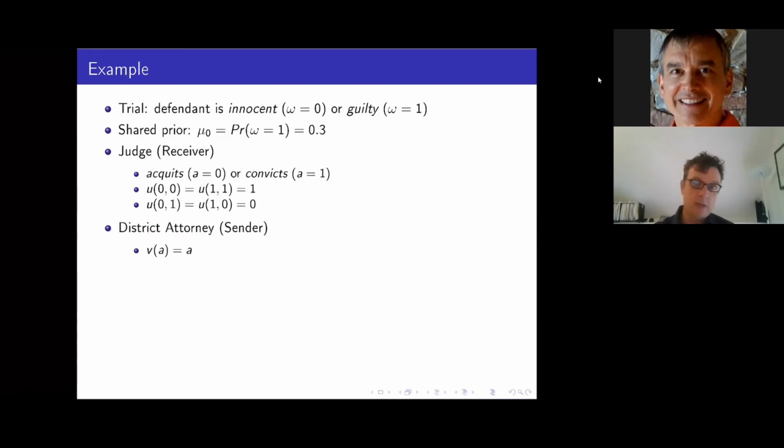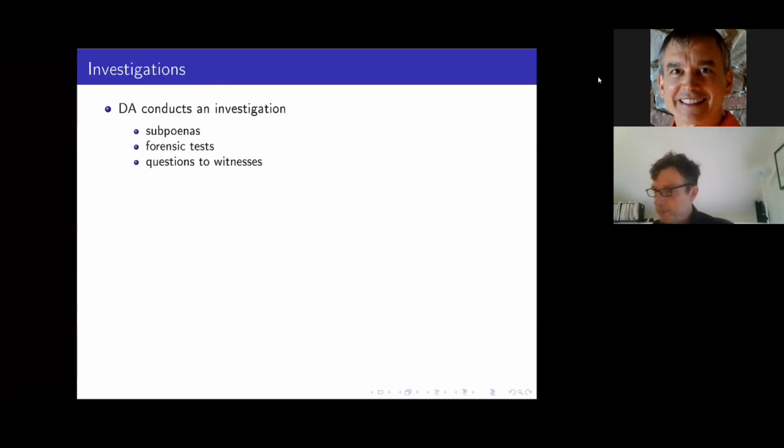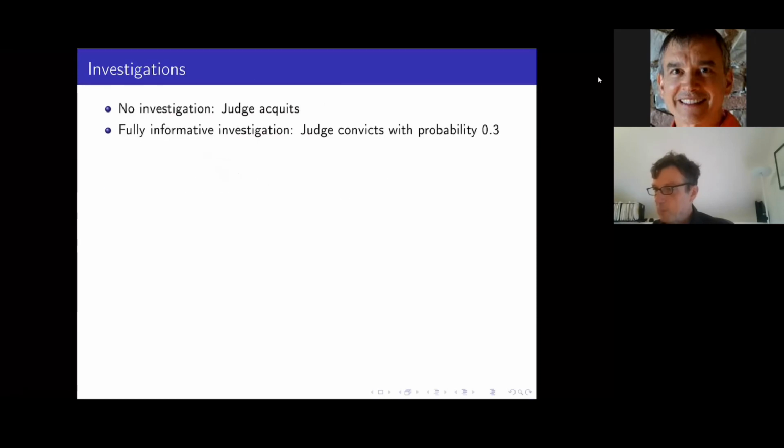So the outcomes are quite different. With no information, he's always going to be declared innocent. With complete investigation, there's a 30% chance that he's declared guilty. And that's what we summarize in here.